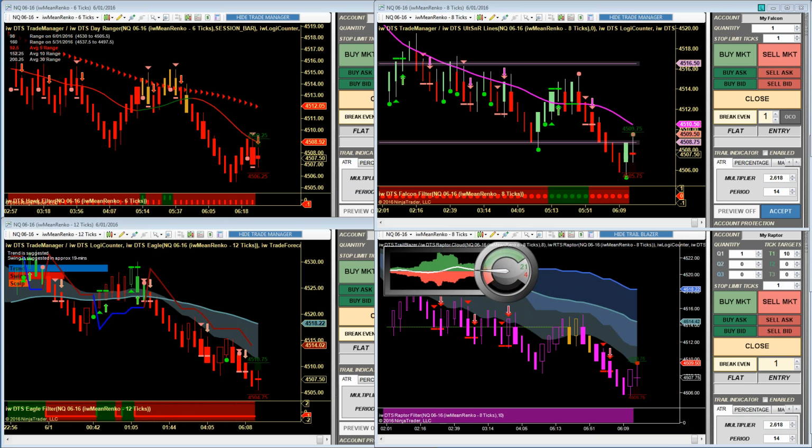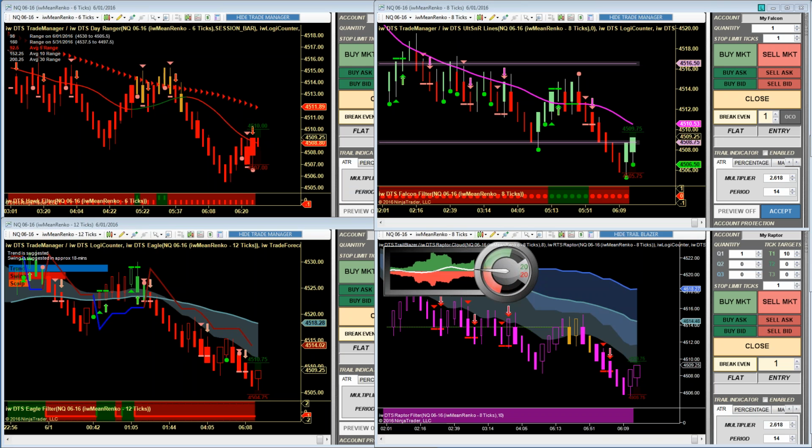and I'll give you a really quick overview for those of you new to the DTS trading room. DTS is the diversified trading system, and it's diversified because we're looking at the market from three different points of view. Here in the top left, we have the Hawk Micro Scalper.